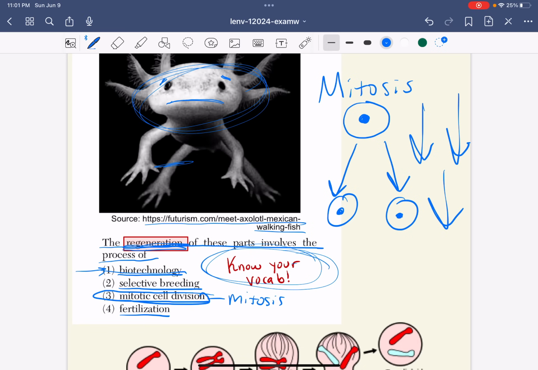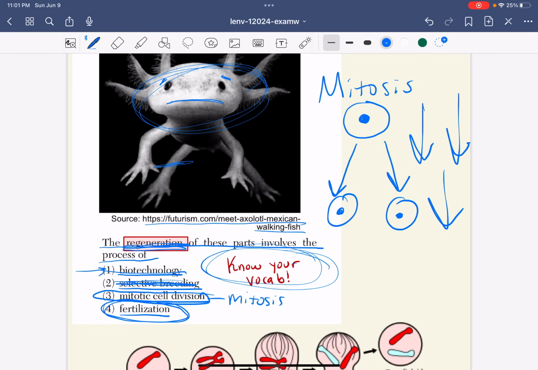It's not selective breeding. Selective breeding is taking 2 organisms with desirable traits and having them breed to make an offspring that will hopefully have those desirable traits. Like when you breed dogs together and you want to make a specific dog, when you breed horses together, you're hoping two fast horses together, and you're hoping that the offspring is going to be fast, that is selective breeding. That's not what's happening here.